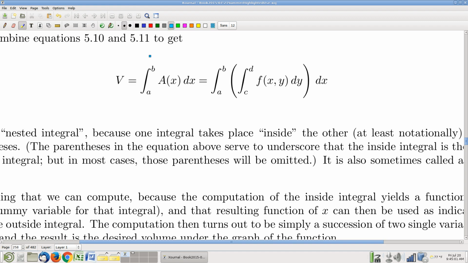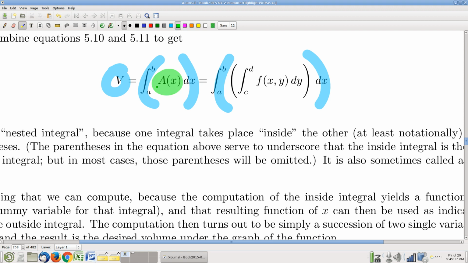So volume computed as an integral as x goes from a to b. That's our process of slicing up the loaf of bread. But this cross-sectional area is part of computing the volume of a slice of bread. That cross-sectional area is itself an integral in the y direction.